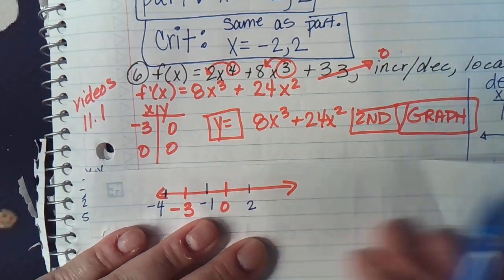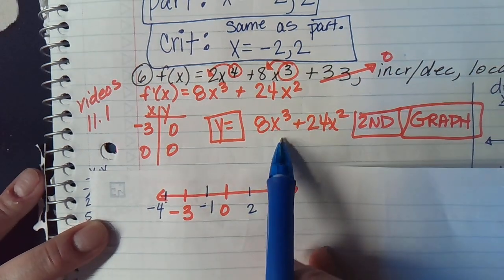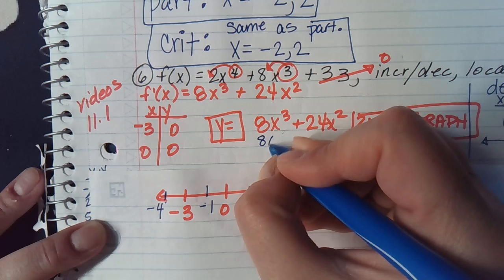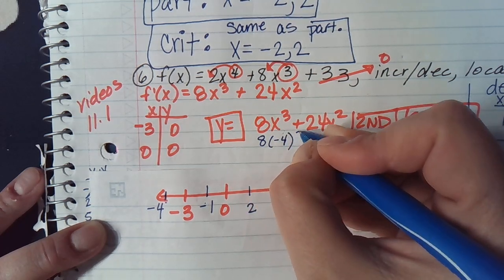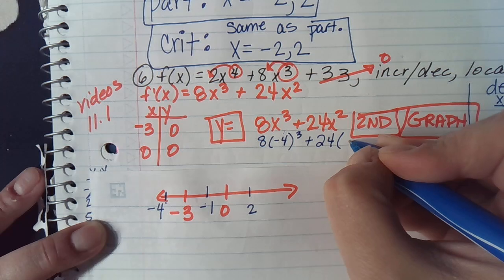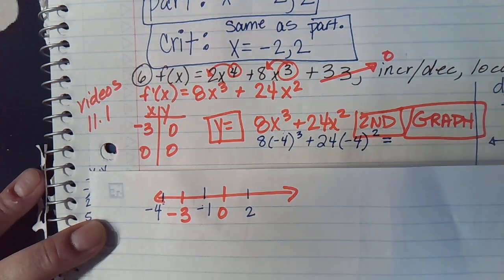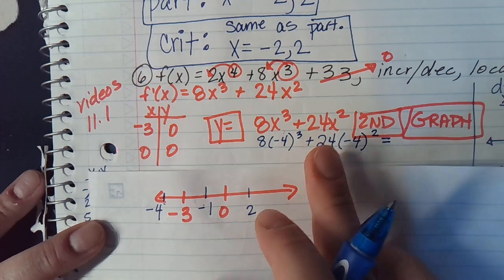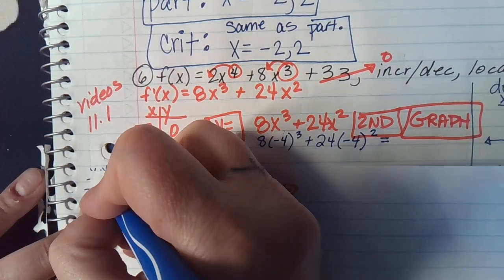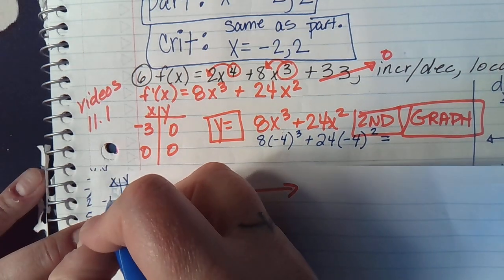Golly. Okay, now we can either plug these numbers into the derivative by hand, as in 8 parentheses -4, close parentheses cubed, plus 24 times -4, close parentheses squared. We could either plug that in our blank screen of our calculator, or we could just look at our t-chart across from -4.